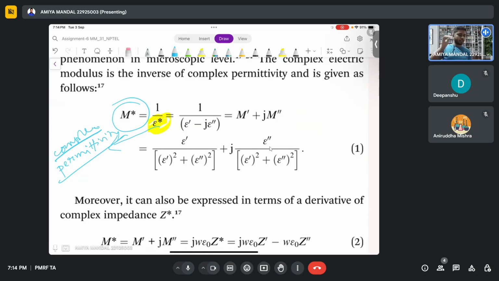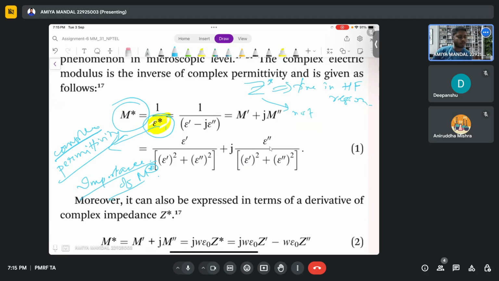Now, what is the importance of using M star? We are usually comfortable with epsilon star for evaluating the dielectric constant value, but what we require are the M star value and Z star value. The Z star value is fine in the high frequency region, but it is not applicable to low frequency.